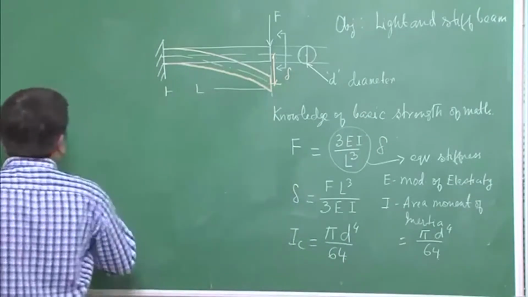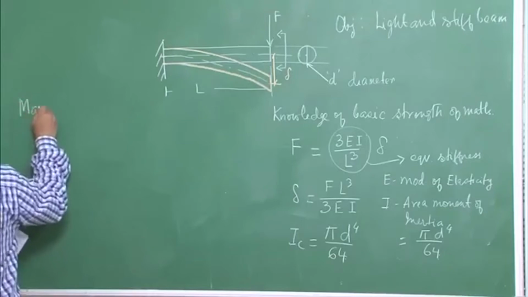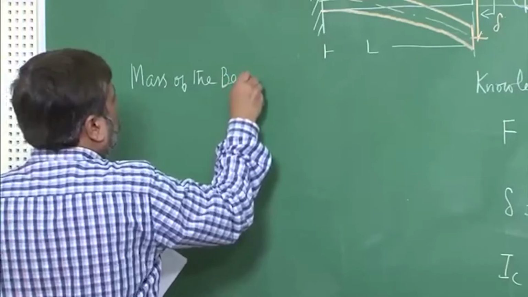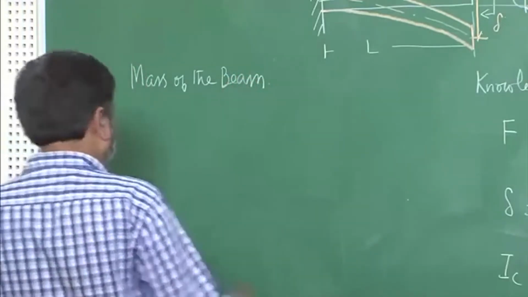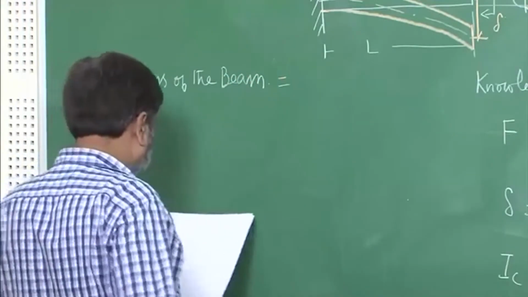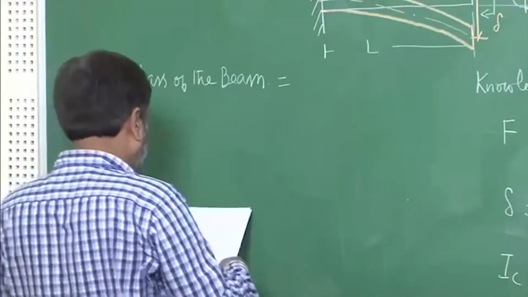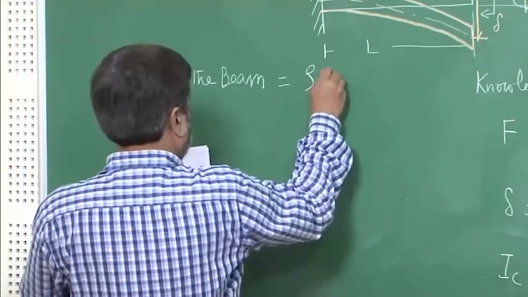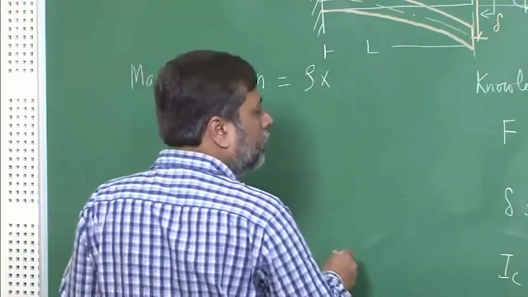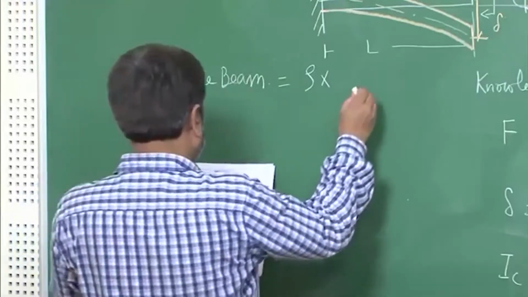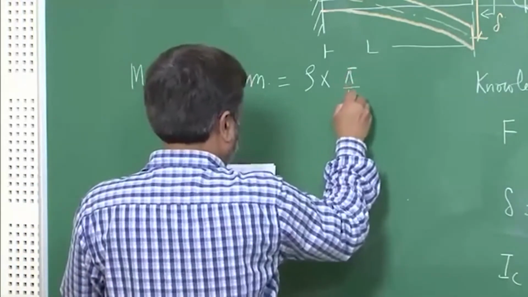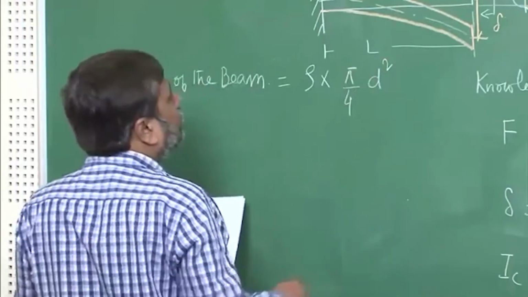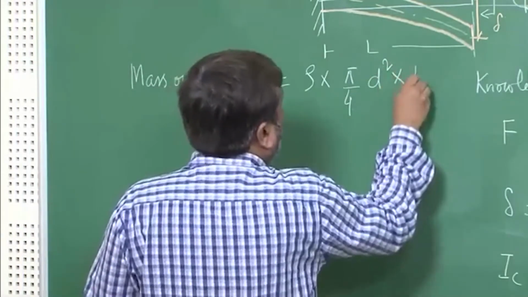So, what is the mass of the beam? The mass of the beam is the density times the volume of the beam itself. So, we can write the mass as rho times the area of the beam, that is pi by 4 d square, times the length.